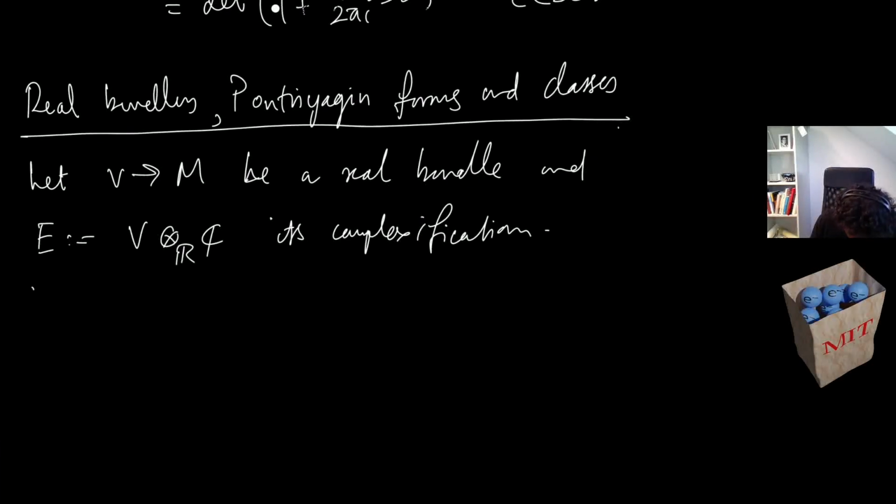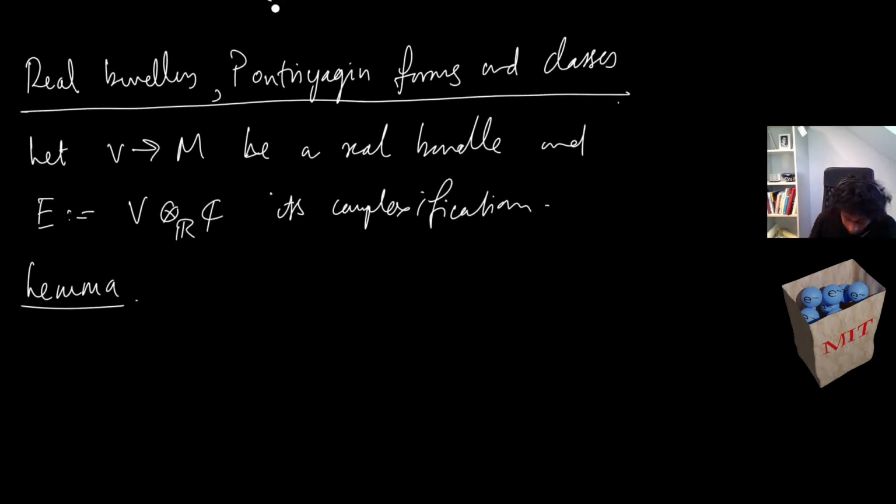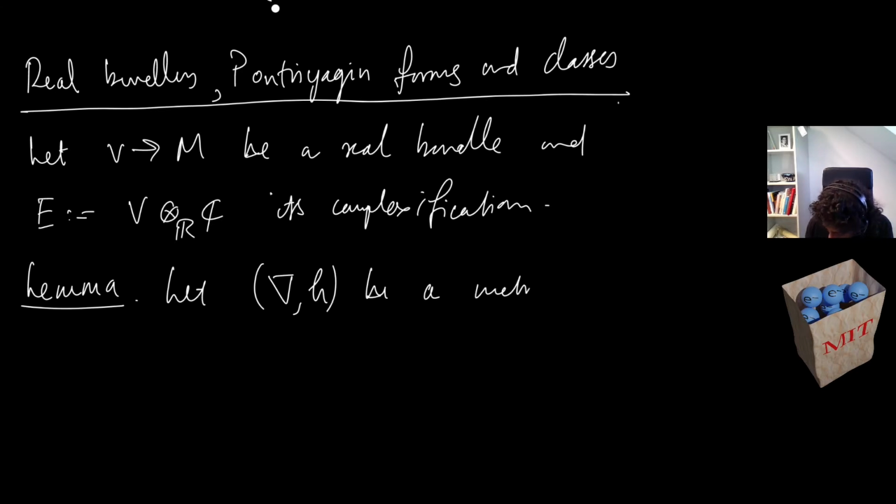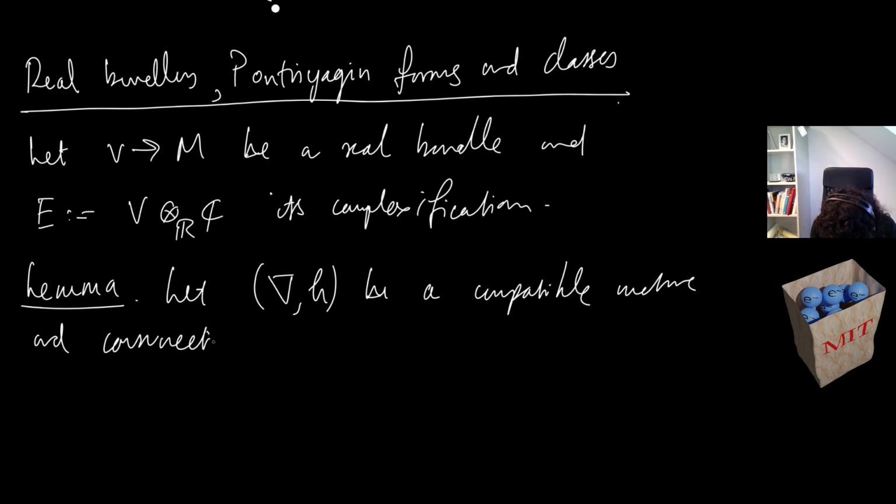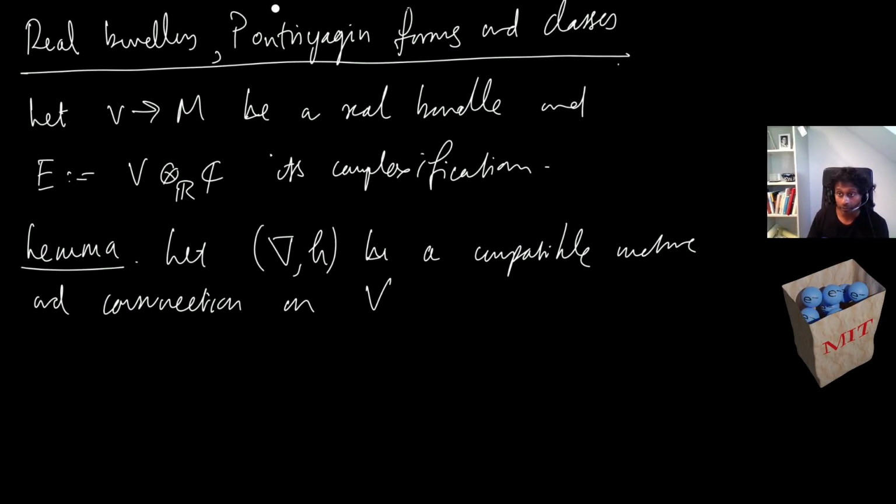So now we have this very important lemma. Let H, or nabla H, be a metric compatible metric and connection on V. So now it's real; these are real objects now.